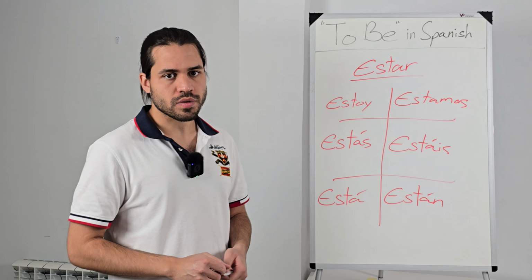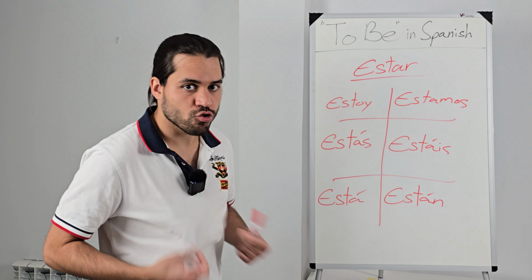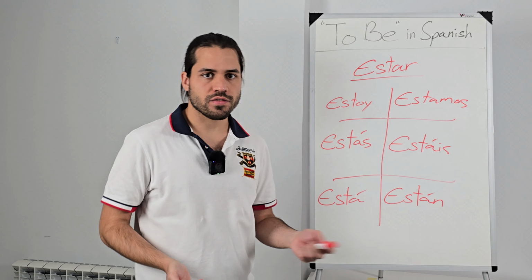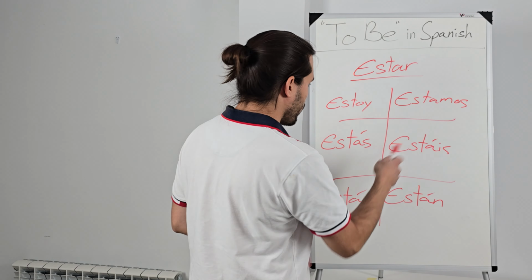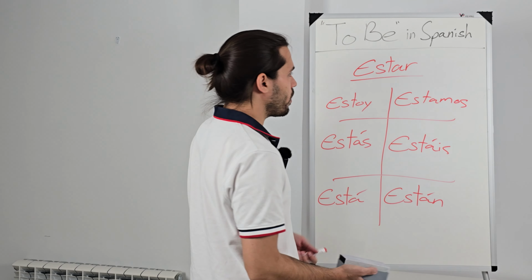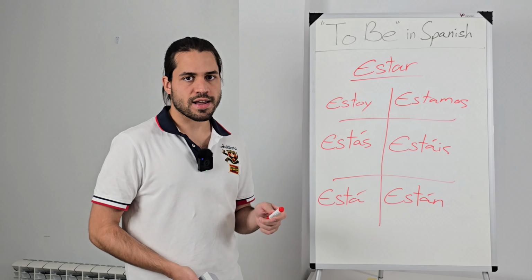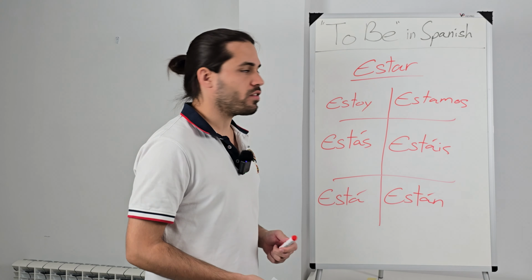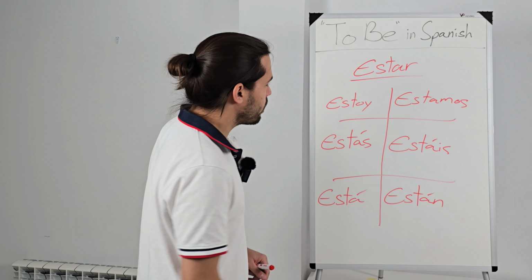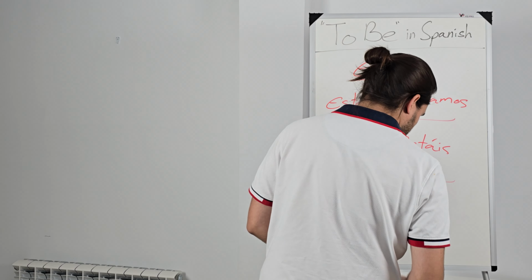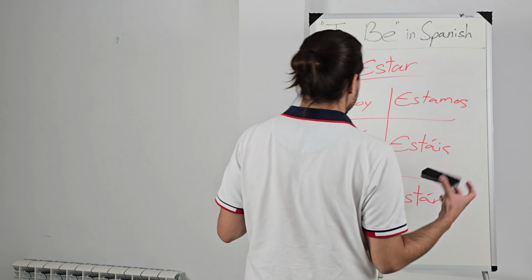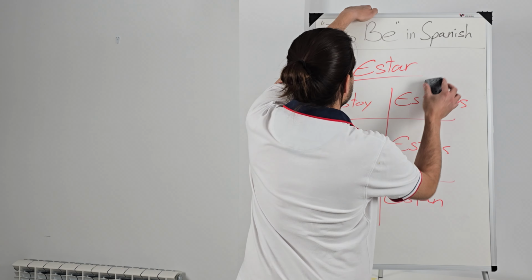Esta camisa, this shirt. This, that, these, those. That's what it essentially boils down to. But if you're conjugating estar, make sure you have the tildes in the right places, the little accent markers. Otherwise, again, they are completely different words.